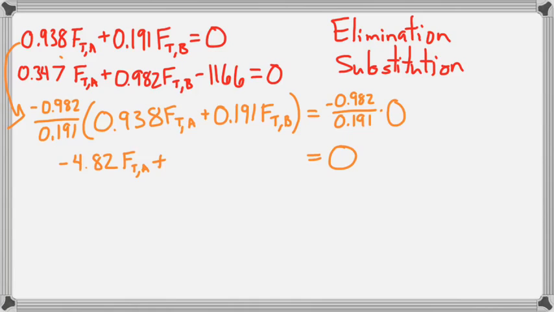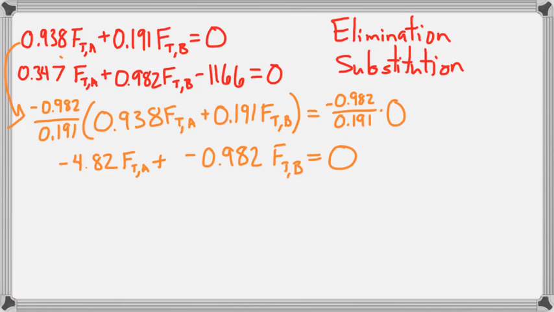So I'm going to end up with negative 0.982 times the force due to tension in rope B. All right, and you're saying, Dr. Brenzy, so what? Well, now you're going to see the magic. You're going to see why I chose to take this number, which is the same as this one, the opposite of this one, put it on top, and why I took this number and put it on bottom. Here comes the magic.